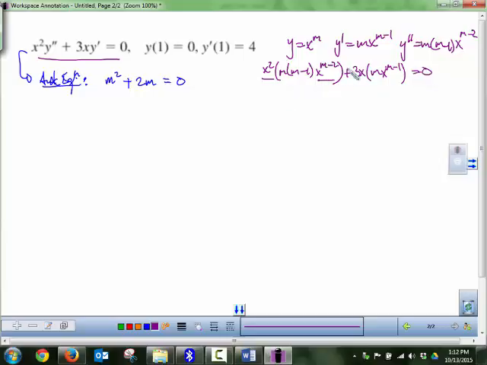So, like always, we are going to be able to factor out an x to the m power. And so I have m times m minus 1. I already factored out all the x's. Plus 3m, again, factor out the x's. And then if I want to get rid of the x to the m, because we don't need to worry about that, I have m squared minus m plus 3m, or m squared plus 2m.